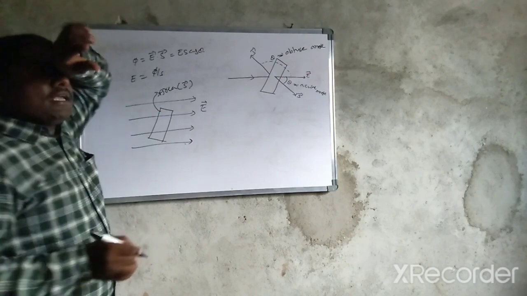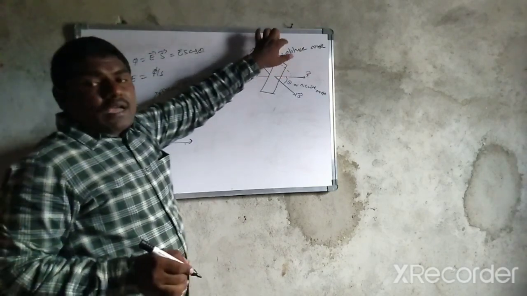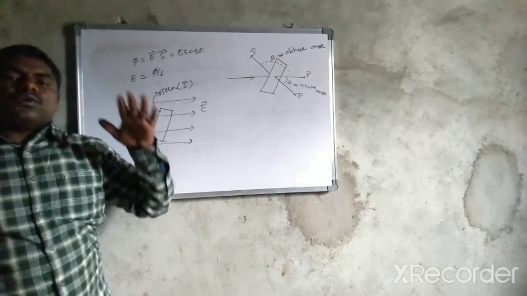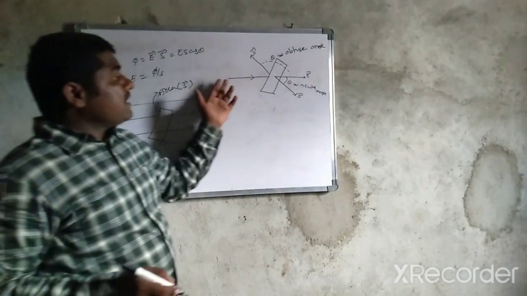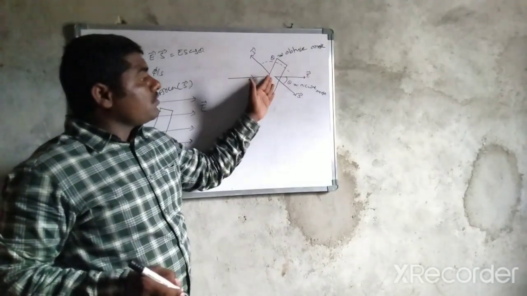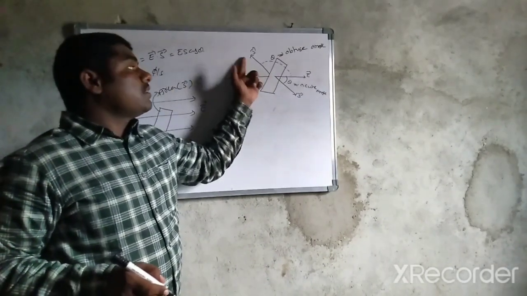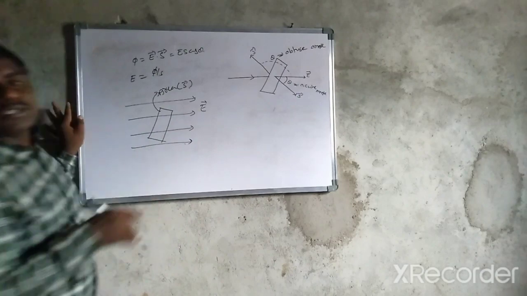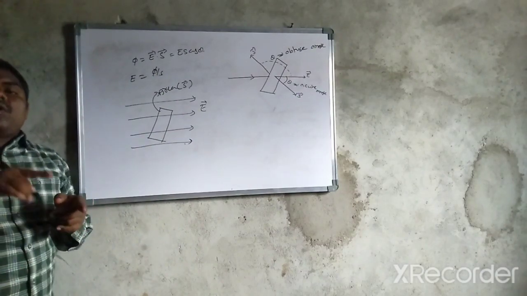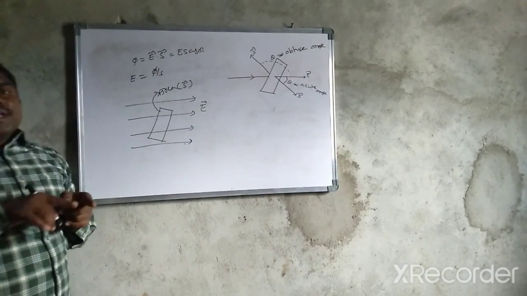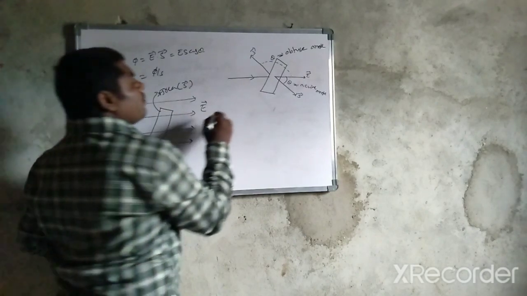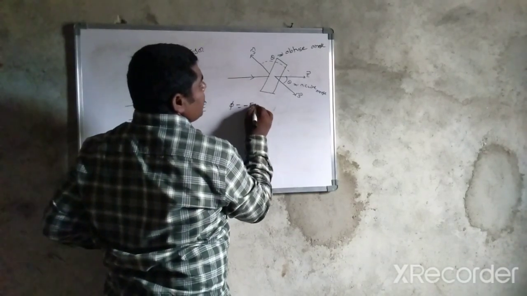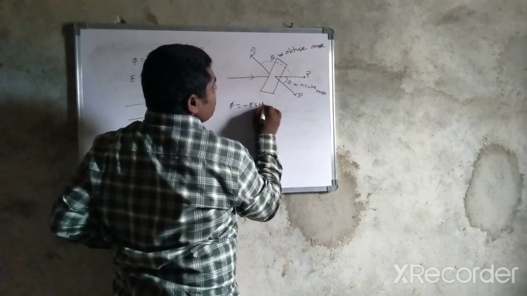The obtuse angle is nothing but the angle before the electric field enters the surface. That's why here there is a minus. So the flux passing through, or going into the surface, phi is equal to minus E S cos theta.